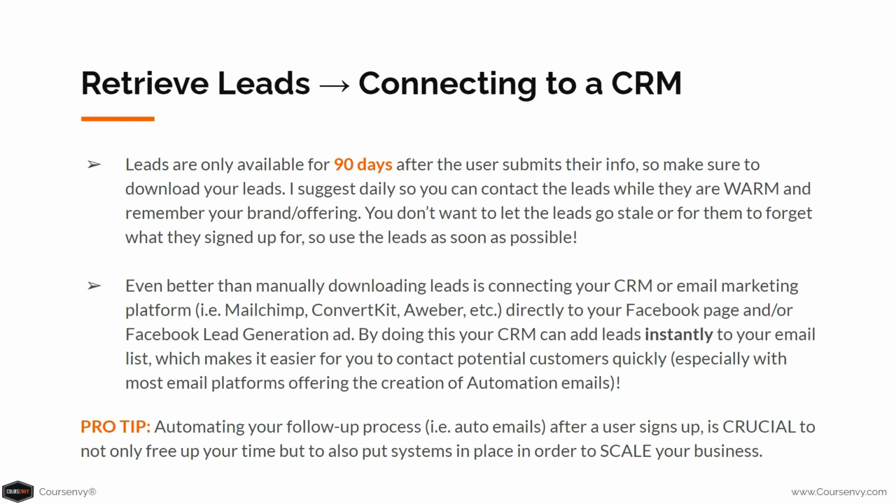Most email platforms offer the creation of automation emails. Pro tip: automating your follow-up process, i.e. auto emails, after a user signs up is crucial to not only free up your time, but to also put systems in place in order to scale your business.